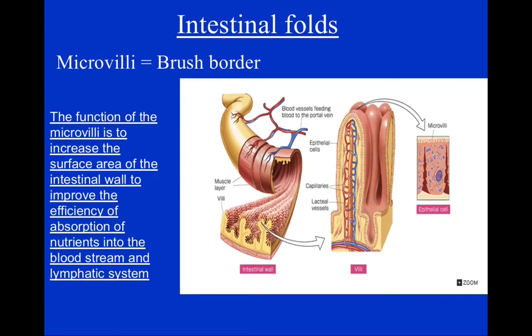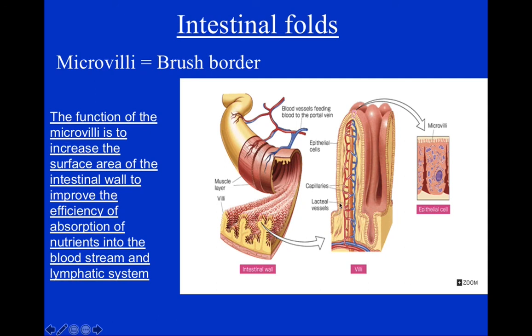One other characteristic that we need to understand about the alimentary canal are the intestinal folds. There are several degrees of folding of the intestinal system. You can see that grossly, the intestinal walls will fold in on themselves to increase surface area. Over here, we'll have these long finger-like projections known as villi that will project into the lumen of the small intestine.